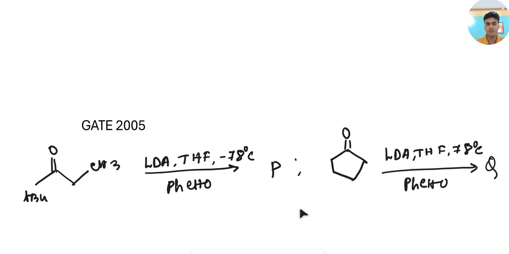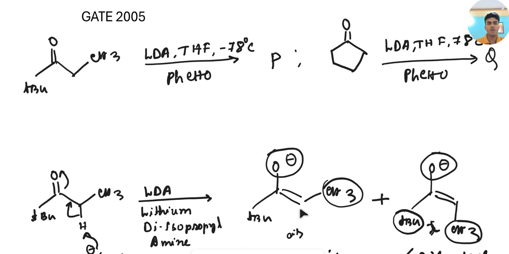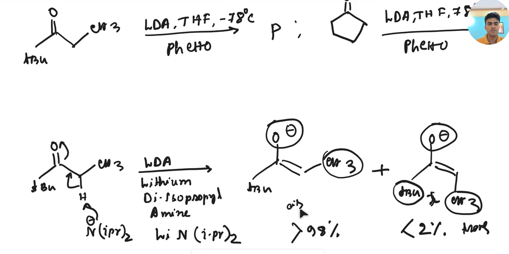In that question, what will happen if we treat this substrate with LDA, lithium diisopropylamide, which is a strong base, so it will abstract one alpha hydrogen.